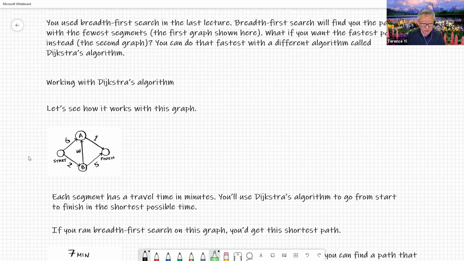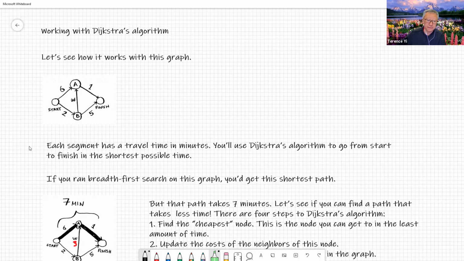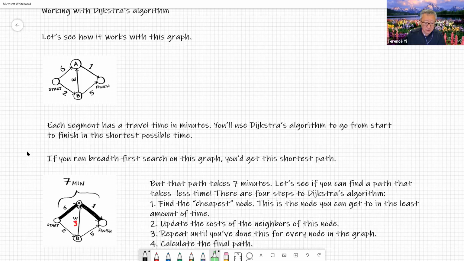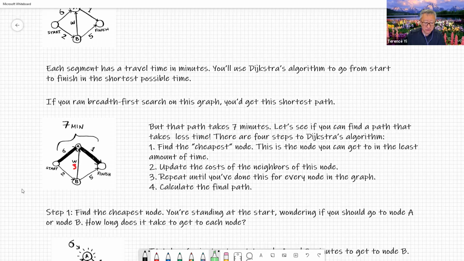So Dijkstra's algorithm is the systematic way of finding the fastest path when the graph has weights on it. It can be a time, it could be anything, just the units. Okay. So I'm just giving you some idea here.